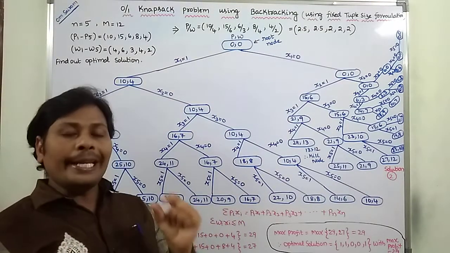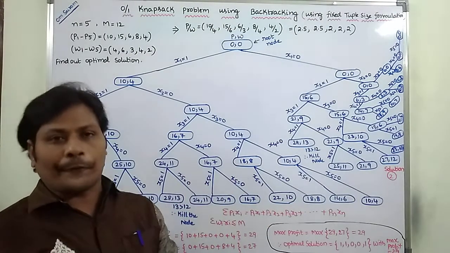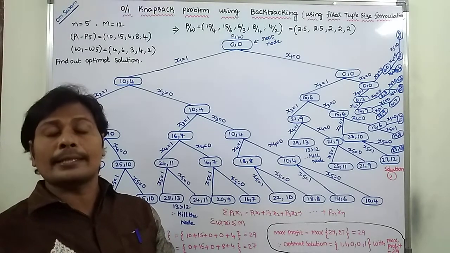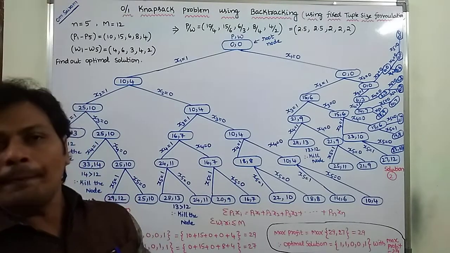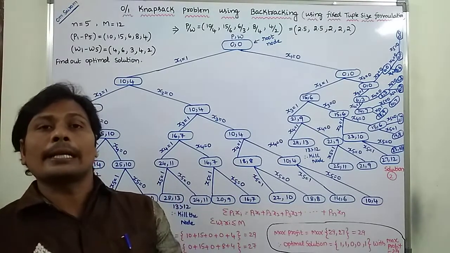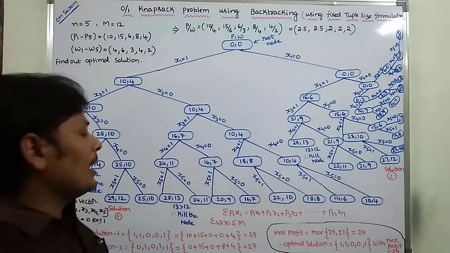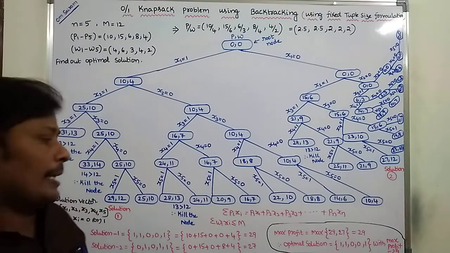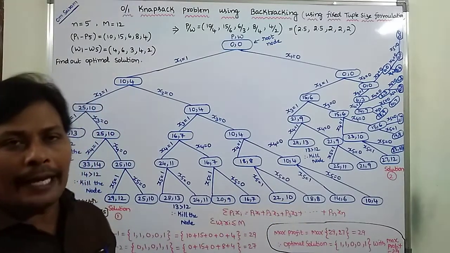The first is to maximize the profit, getting the maximum profit from the objects placed into the knapsack. The second is that the sum of the weights of the objects is always less than or equal to the capacity. Keep these two points in mind while solving the given problem.